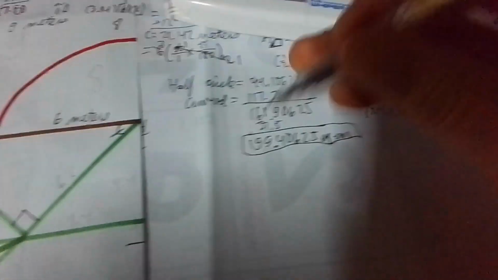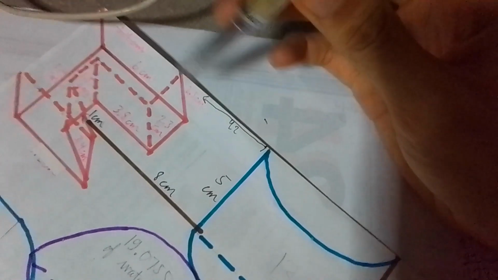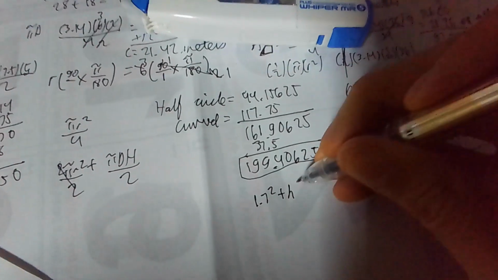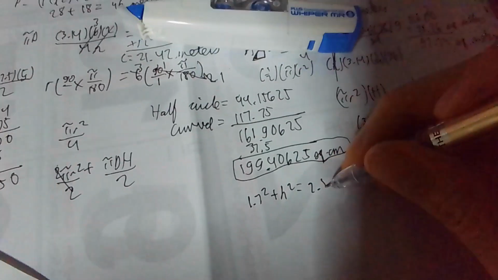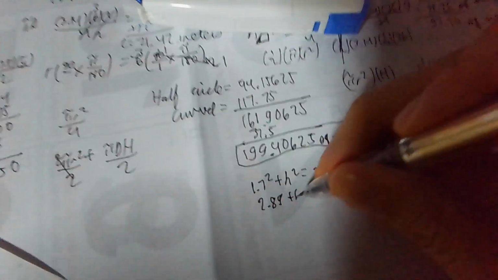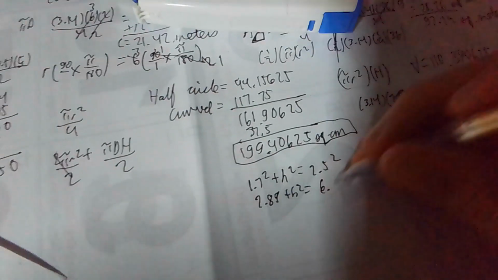So Pythagorean theorem time. Remember, 2.5 is the hypotenuse of the triangle, if I were to look at it from this perspective. Short leg squared plus long leg squared equals the hypotenuse squared. So 1.7 squared plus x squared equals 2.5 squared. This is 2.89, and this is 6.25.